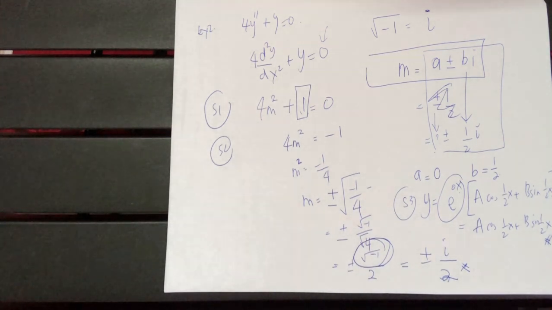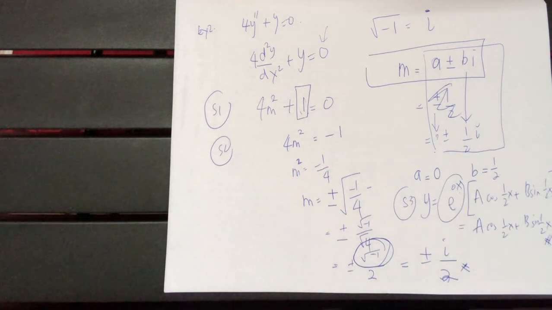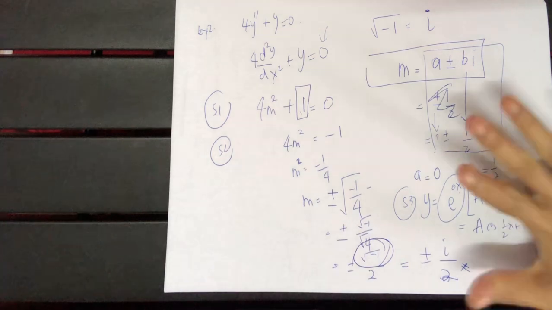And then for the next video, in example 1 and example 2, we leave it as A and B. For the previous video, I will show you another level. There is one more step to get A and B. It's different. If the question asks you to find the general solution, you stop until here.